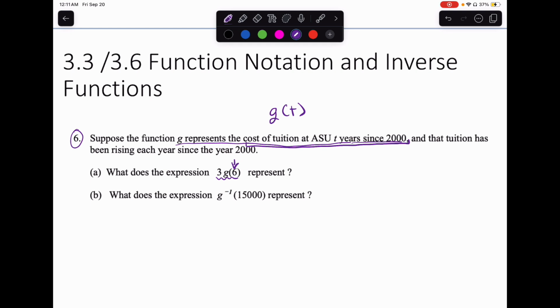Well, given this context, what we have been talking about, G of 6 is going to represent the cost of tuition at ASU 6 years since 2000. And then you're multiplying that by 3, and a lot of times we've said that as, oh, this is going to be 3 times as large as the cost of tuition at ASU 6 years since 2000.